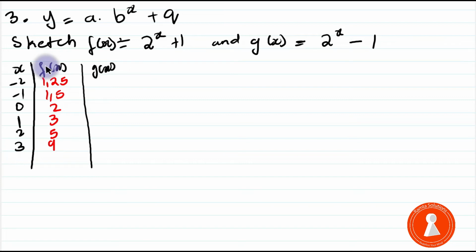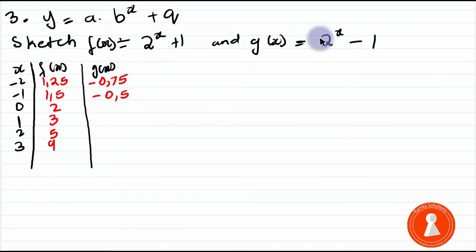Now, g of x. We have 2 to the minus 2 is a quarter. A quarter minus 1 would be negative 0,75. And then half minus 1 would be negative half.